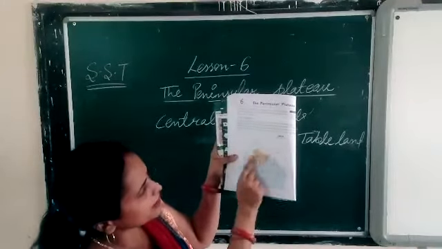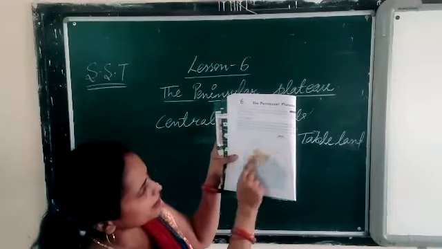These are the parts of the Malwa Plateau. Are you able to see the Malwa Plateau here? So Rajasthan, Madhya Pradesh and here Gujarat. That area is covered by the Malwa Plateau. Understood?